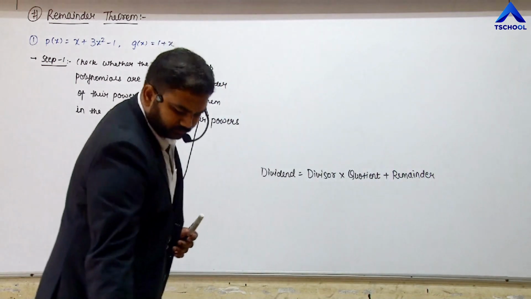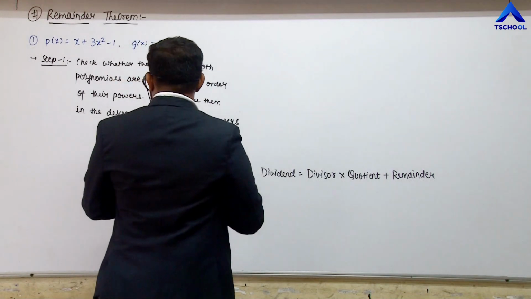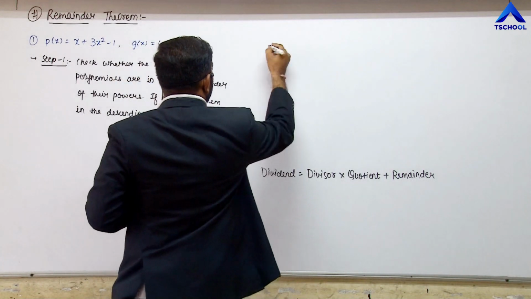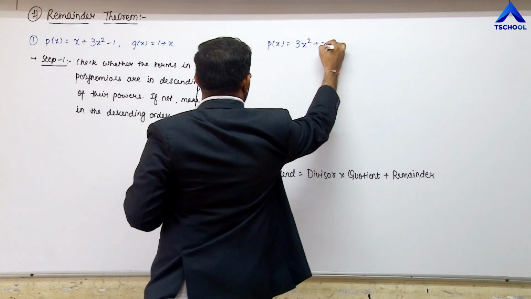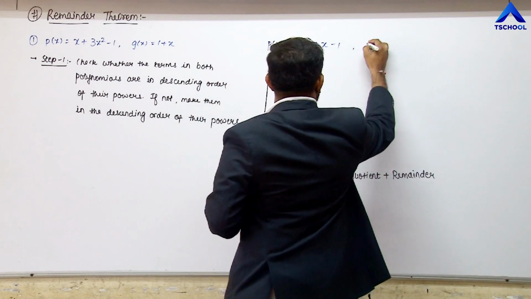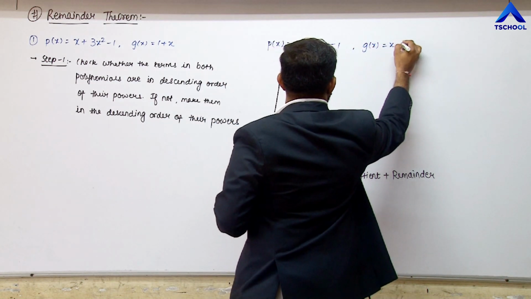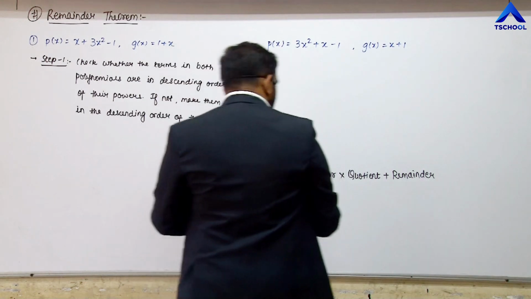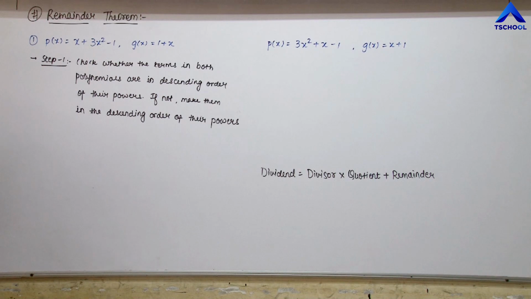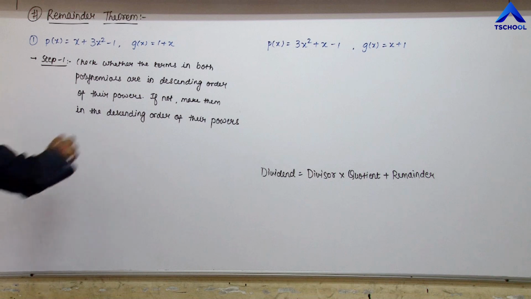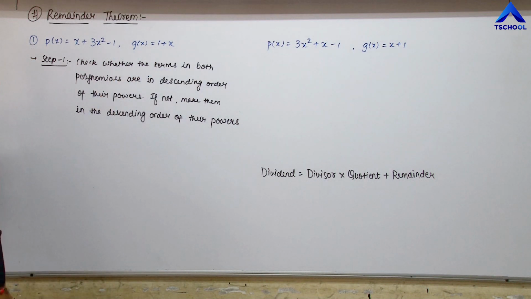For the given polynomials, the first step here will be p of x is equal to 3x square plus x minus 1, and g of x is equal to x plus 1. Note that friends, in both the polynomials now we are having the powers of the variables in the descending order. Descending order means in the decreasing order of their powers.